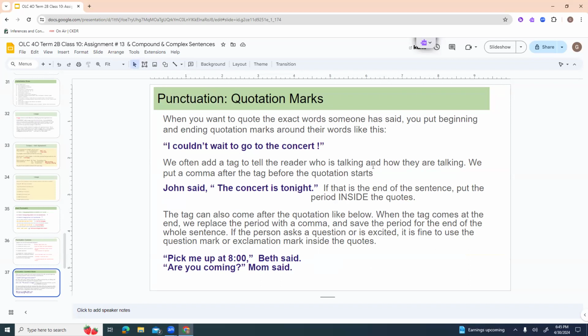And then we often include a tag, which tells the reader who is talking and how they're talking. So we could say, John said, comma, the concert is tonight. We usually put a comma after the tag if it's introducing the quotation, but if it came at the end, we wouldn't bother.